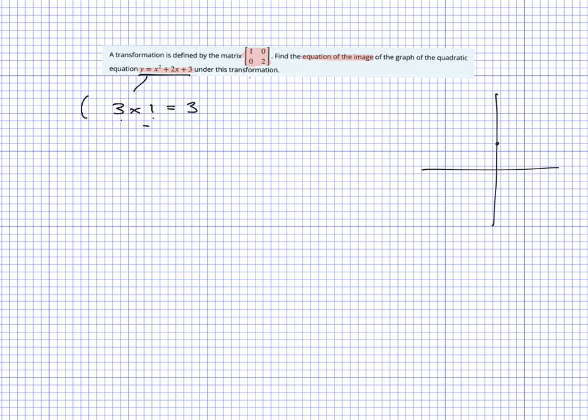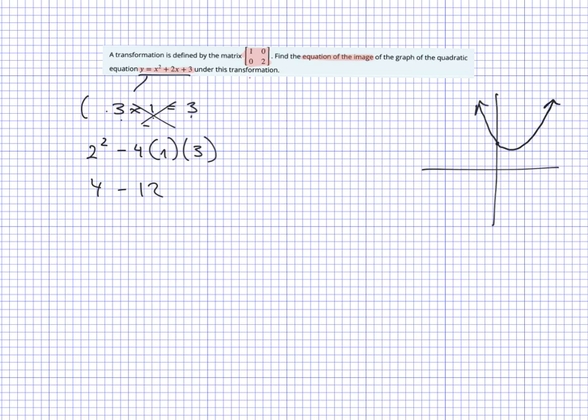If that was a minus, that would be a negative 3. So unless we use the quadratic formula, why don't we use b squared minus 4ac, so 2 squared minus 4 times 1 times 3. So it's going to be 4 minus 12, so there's no factors. It's just going to look something like this, doesn't matter what.